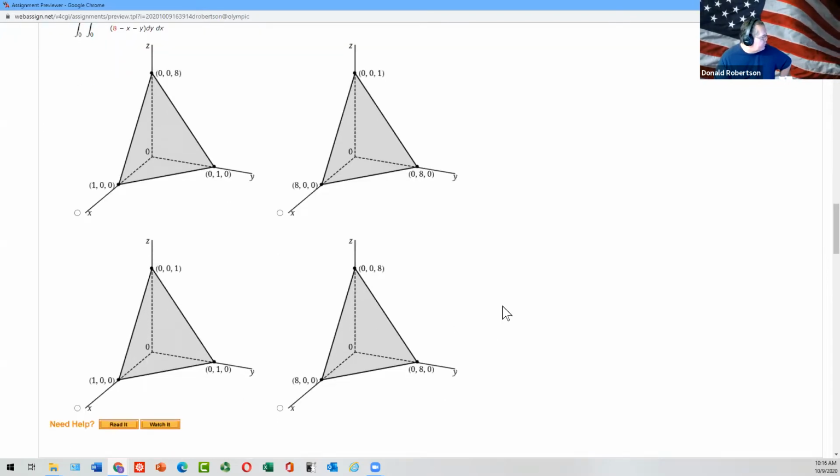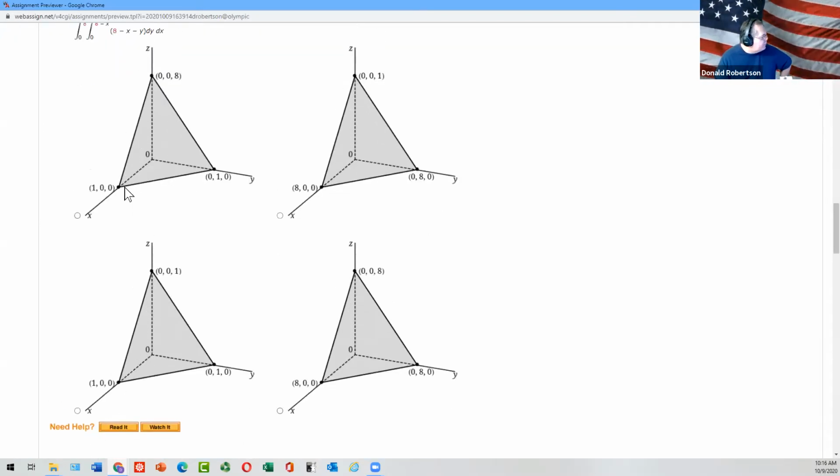The way I'm going to figure that out is to work out what the bottom triangle would look like, and hopefully only one of these 4 pictures fits that. If I end up with 2 of them fitting it, then as my backup I'll find out what this plane here is, and we're good to go. Right. So that's kind of my strategy. Let's show you how you put it into action.